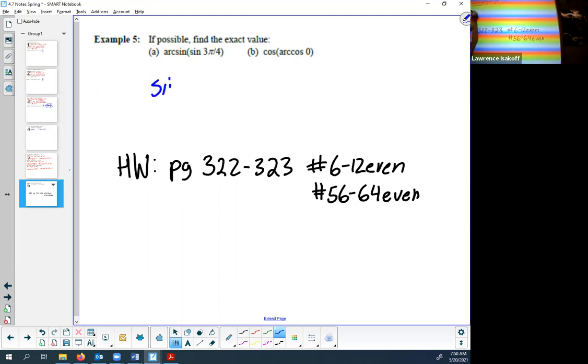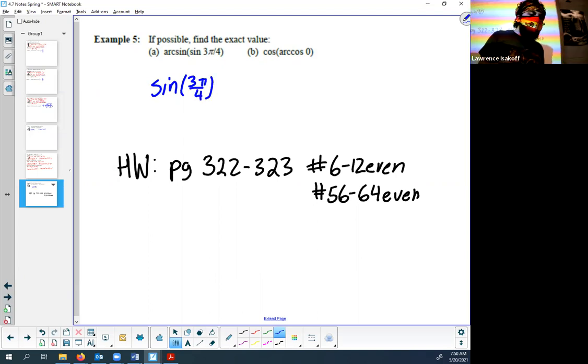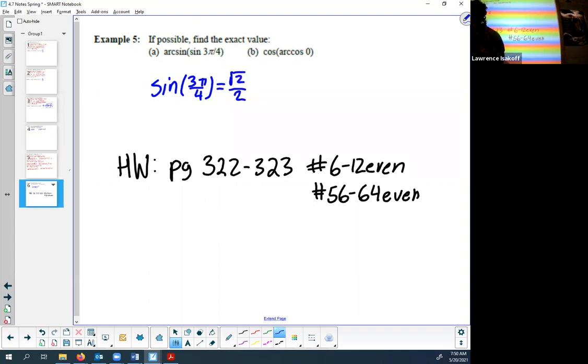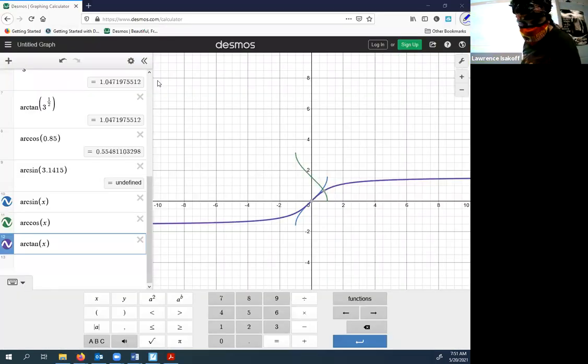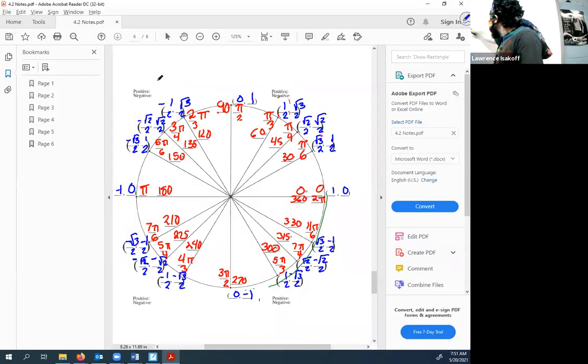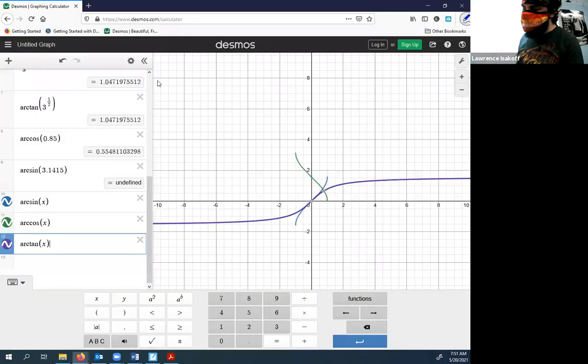So the sine of 3 pi over 4 is equal to positive √2 over 2. Again, I'm looking at my unit circle there. The y value of 3 pi over 4 is √2 over 2.